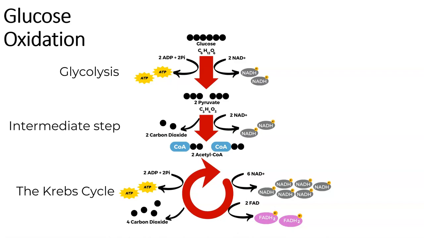A little bit of ATP is generated during glycolysis and the Krebs cycle through substrate level phosphorylation. Most of the energy extracted from glucose is found in the high energy electrons carried by NADH and FADH2. These electron carriers bring the electrons to the electron transport chain.